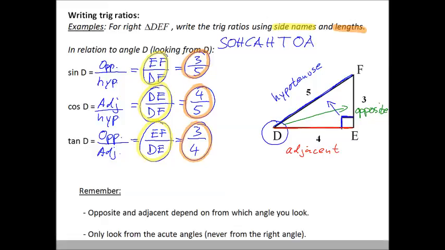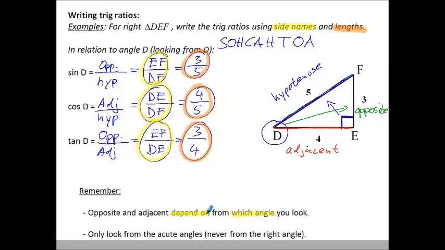There are a couple of things that I want you to remember and really note down very well. The opposite and adjacent side depends on which angle we are looking from, right? Not every angle is adjacent to the same side or opposite to the same side, so we have to really look, depending on which angle we're supposed to find these ratios for, which is that angle's specific and unique opposite and adjacent side.